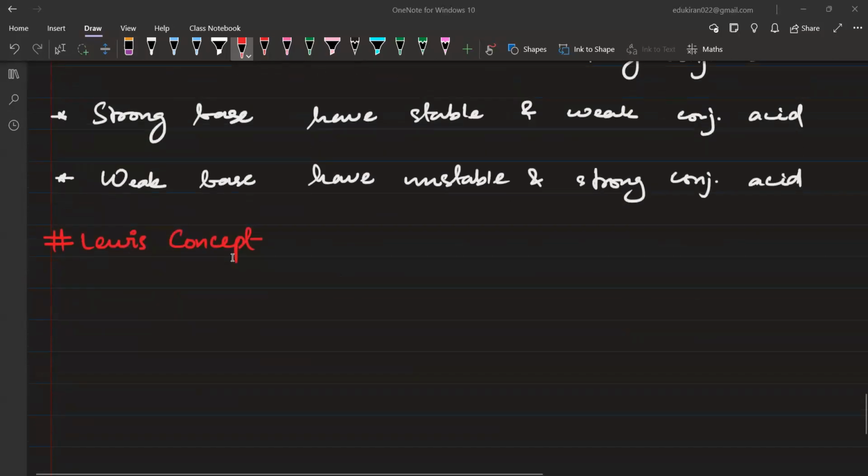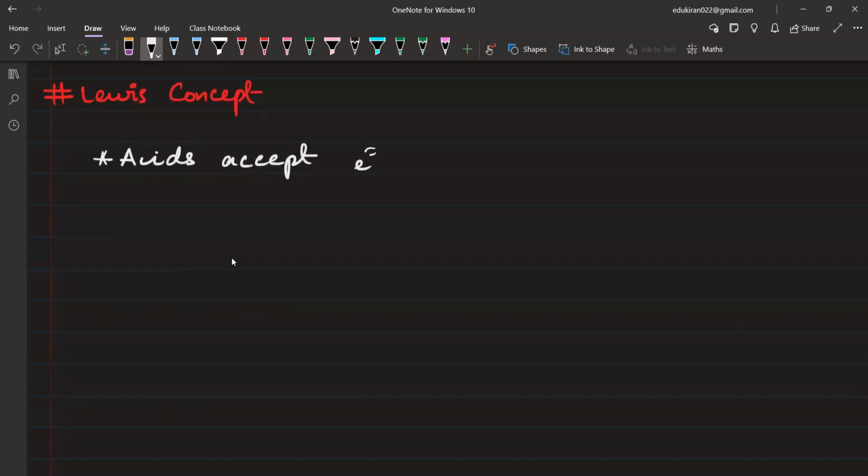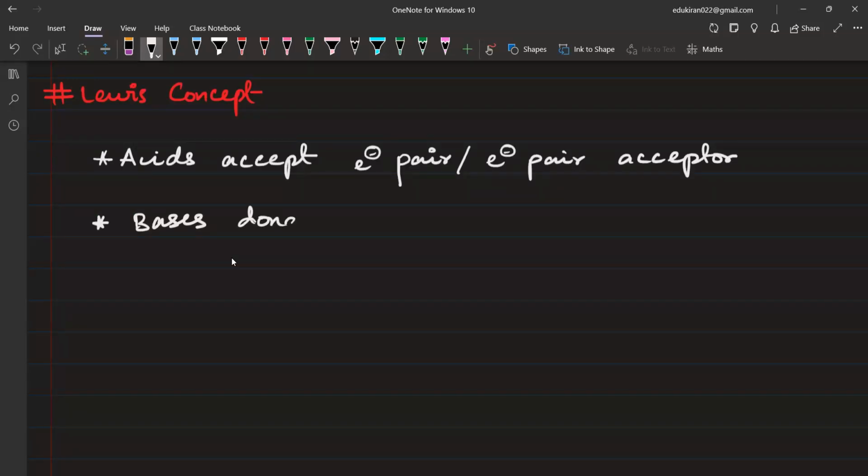Now what Lewis did was he actually shortened the concept to the atomic space. So he said that acids accept electron pair. They are electron pair acceptor. And bases donate electron pair. These are electron pair donor.